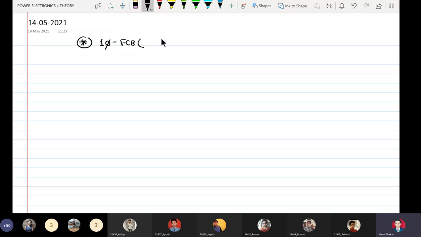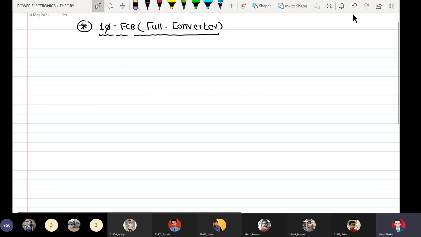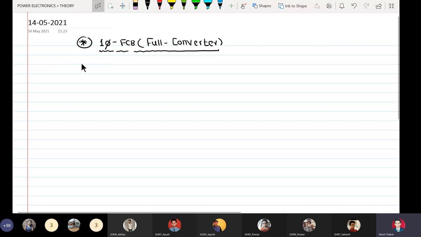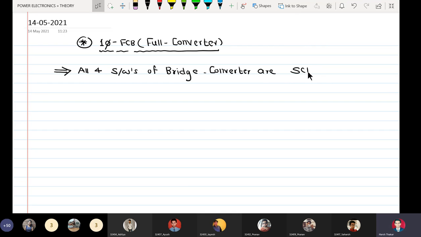Single phase FCB. So we already discussed what an FCB is. In an FCB, all four switches of the bridge converter are SCRs.